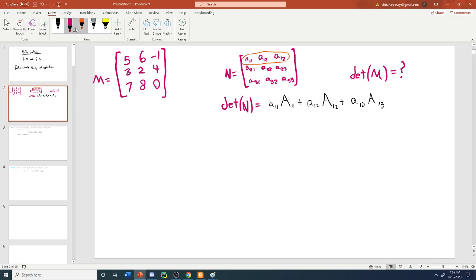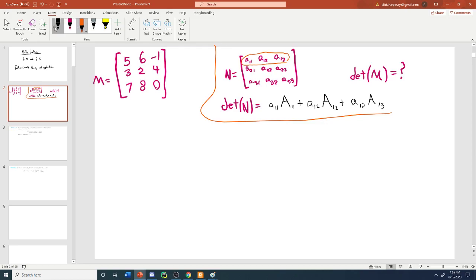So let's look at our specific matrix, this one right here. What we need to do if we're going to use this cofactor formula for the determinant is compute the big A11, big A12, big A13. And in order to do that, we have to look at various minors of this matrix. So we will look at the minor M11, which corresponds to taking your matrix M and excluding the first row and the first column.